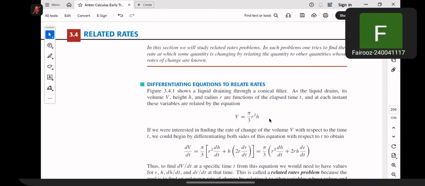Sir, I think h is independent. Only h? Don't you think r is also an independent variable? Yes, sir. By changing the radius, you can vary the volume, right? As well as the height.